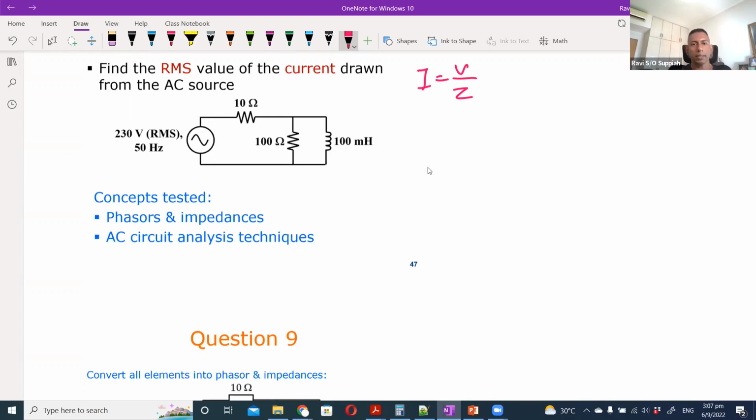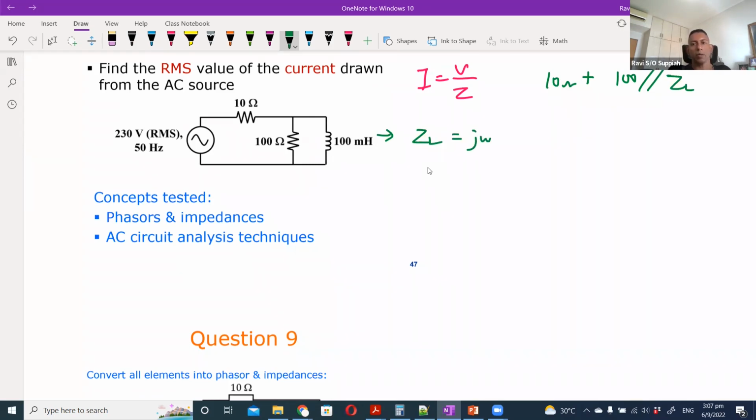So the total impedance would be basically this 10 ohm resistor plus the combined impedance of the 100 ohm in parallel with, in this case, my ZL. So what is ZL?